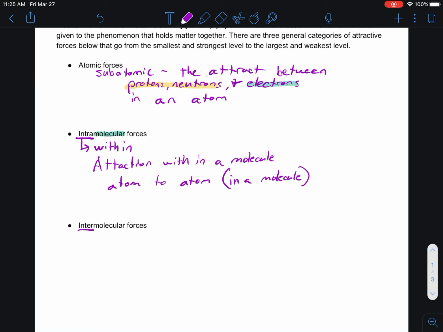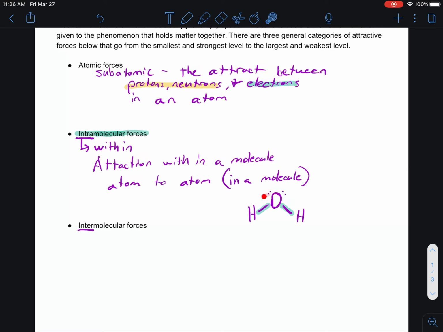All right, so the easiest one here is the idea that you have H2O, so you have an oxygen covalently bound to a hydrogen. These intramolecular forces, that's these solid lines right there. It's the attraction of this hydrogen to this oxygen, this hydrogen to the same oxygen.